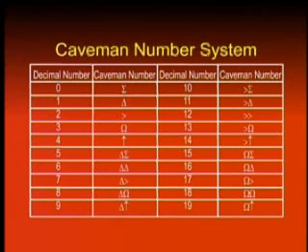To represent the numbers 5 to 9, the caveman uses a combination of 2 digits. The most significant digit is set to delta, whereas the least significant digit varies from sigma to arrow.